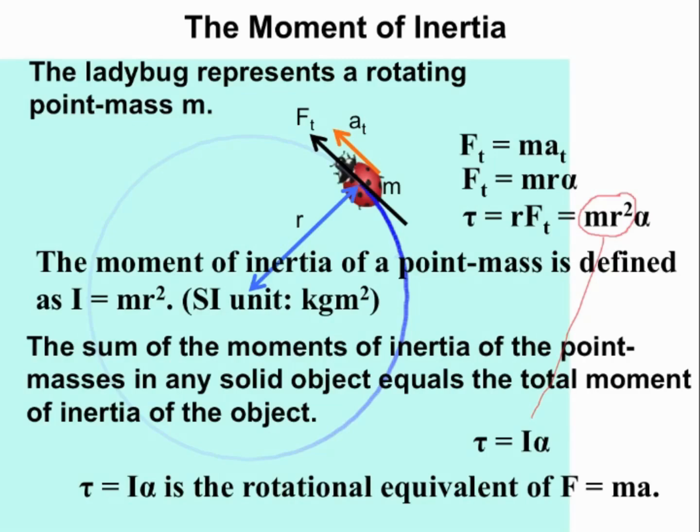All of these rotational concepts have linear equivalents, and all the linear concepts have rotational equivalents. Because of those similarities, it becomes a little bit easier to calculate this stuff and to conceptualize it. So you can see the similarity here. Alpha is analogous to a, I is analogous to little m, and tau is analogous to F. So torque equals I alpha is the rotational equivalent of F equals ma.